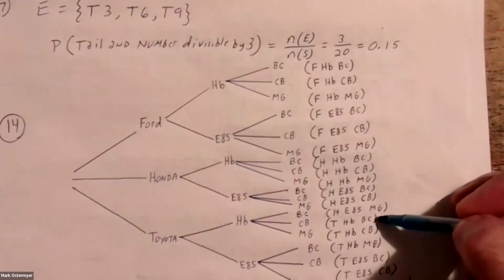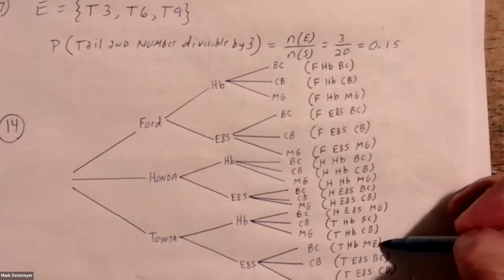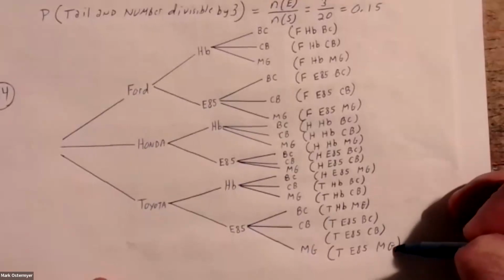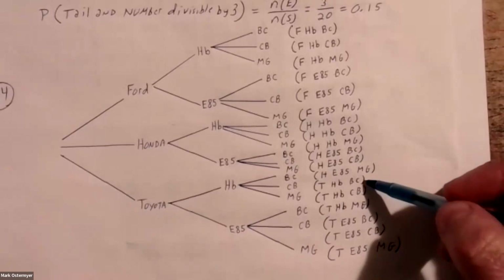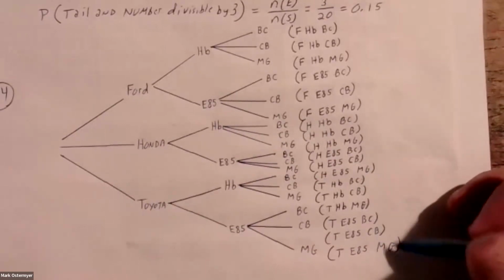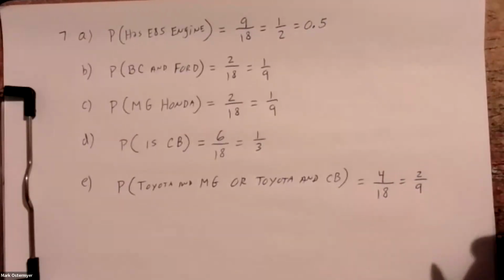Toyota burnt copper, 2. Toyota metallic green, 1. Toyota metallic green, 2. So there's 4 total Toyota burnt copper and metallic green. So 4 18ths, 2 9ths. All right.